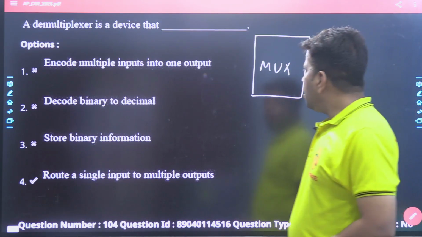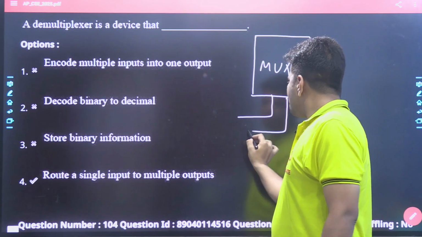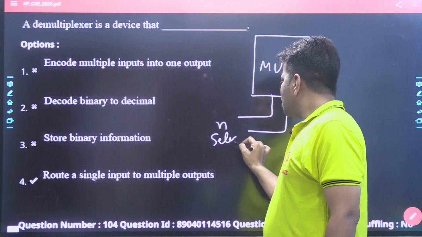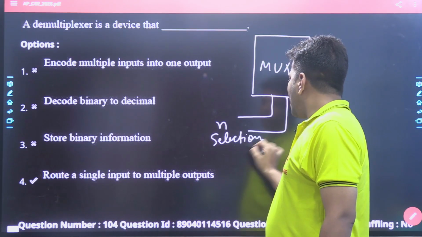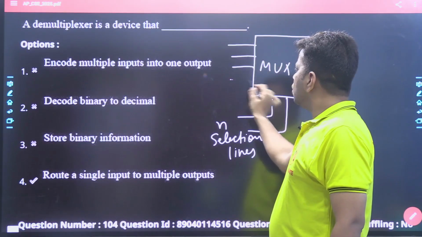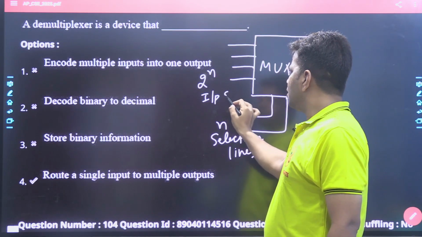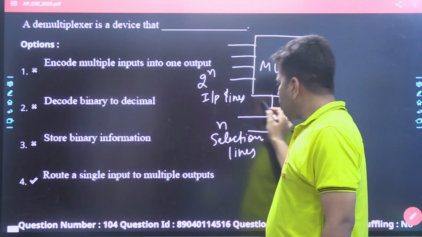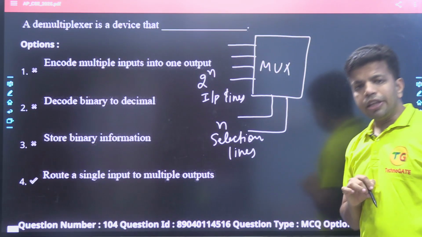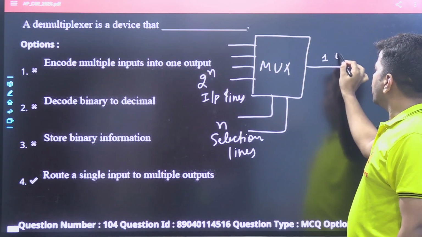First of all, in the multiplexer there are some selection lines. Suppose there are n selection lines, then corresponding to those n selection lines we have 2 raised to n input lines. Those selection lines decide which input line is going to give the input, and corresponding to that there is only one output.